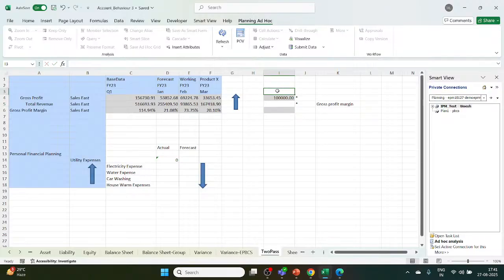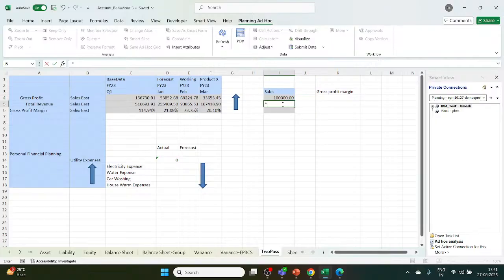Here I have to do the same thing. Like this is the sales, and the gross profit margin would be, I will shift it here. I will delete it here.